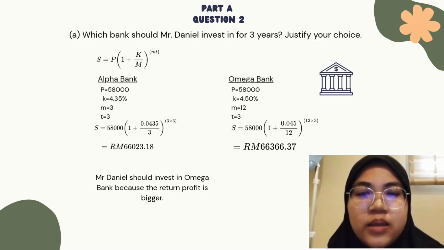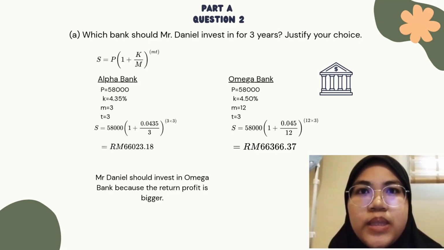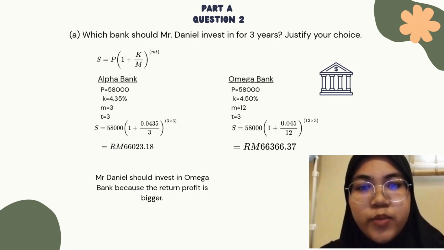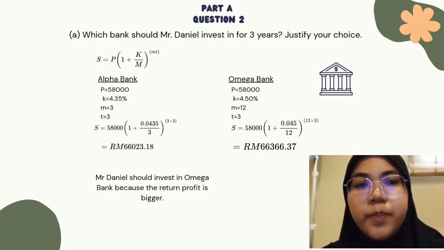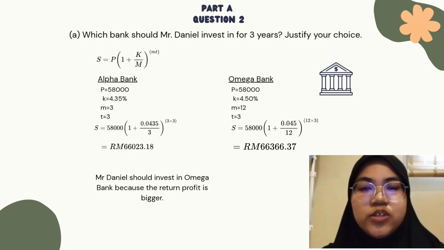Question A. For this question we use the compound interest formula, which is S equals P open bracket 1 plus K over M close bracket to the power of MT. P is for principal, K is for rate, M is for frequency of compounding, T is for term, S is for sum. For Alpha Bank, P is 58,000, K is 4.35%, M is 3, T is 3.